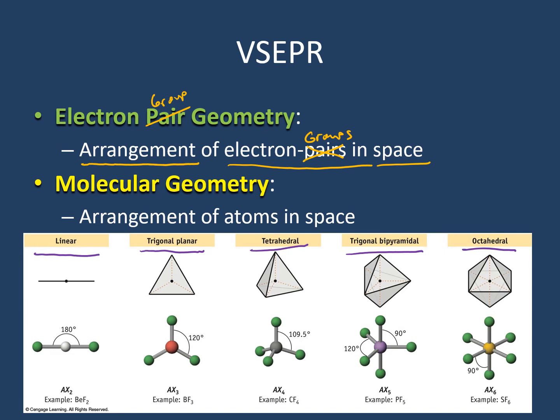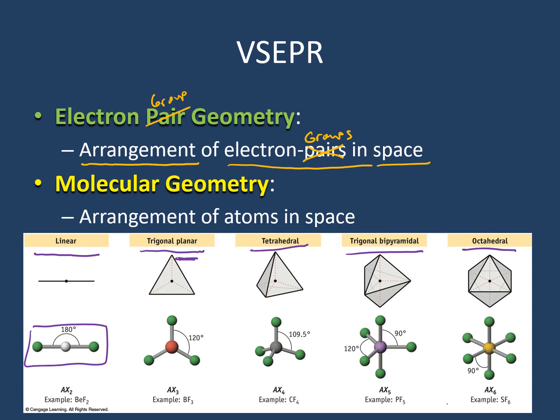So we need to talk about each one in turn. Linear is pretty straightforward. We have 3 atoms in a compound and they form a straight line. Trigonal planar, as with anything that has the word planar in it, is flat. So this is a flat molecule with 3 atoms around the central atom for a total of 4 atoms in the molecule. And each bond angle is about 120 degrees.